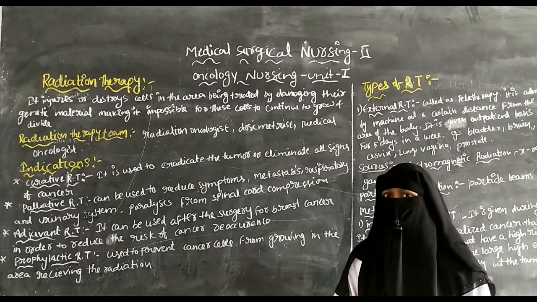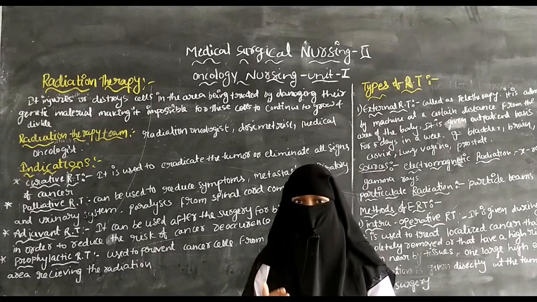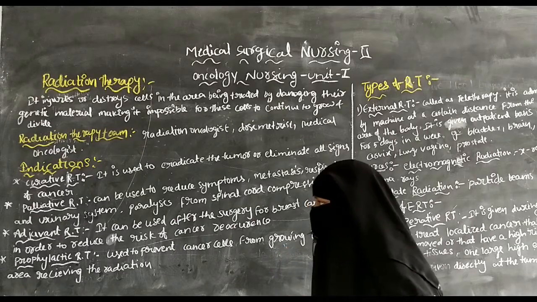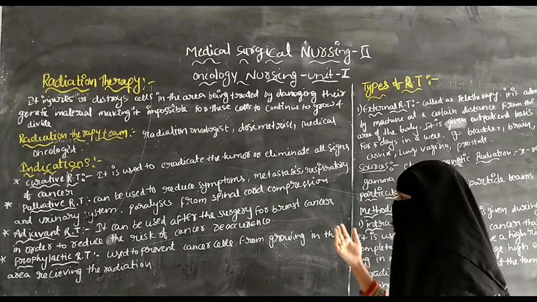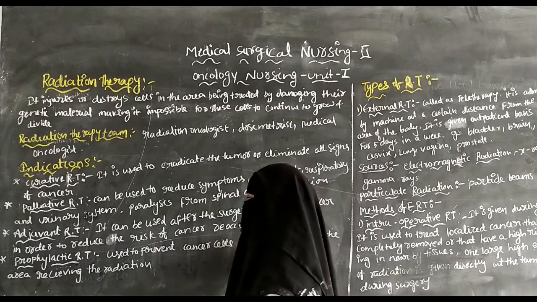After the surgery, the cancer cells should be removed. If the cancer cells cannot be removed completely after the surgery, we can provide radiation therapy to treat the remaining cancer cells.